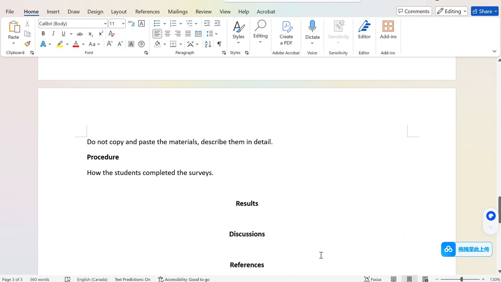In the results section, you test the hypotheses. Two hypotheses were tested.